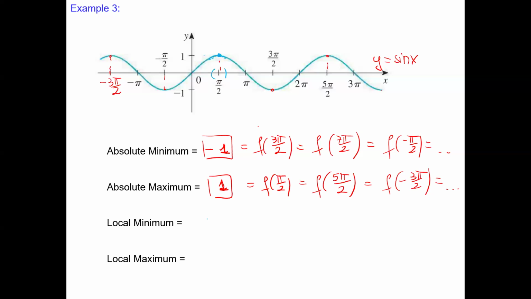That means 1 is a local maximum and negative 1 is a local minimum. And since the function is differentiable, there is a horizontal tangent at these points. The same thing can happen infinitely many times, but the local maximum is 1, the absolute maximum is the same 1, the local minimum is negative 1, and the absolute minimum is negative 1.